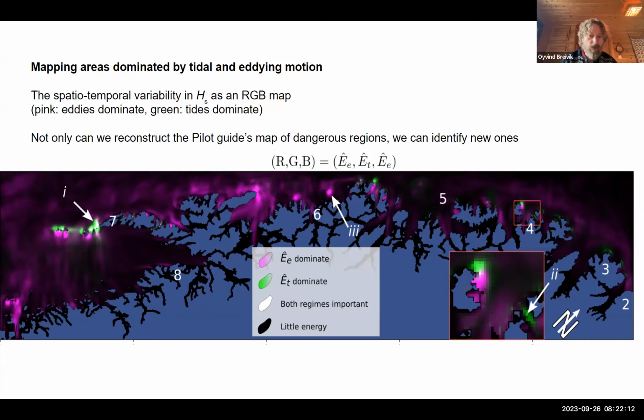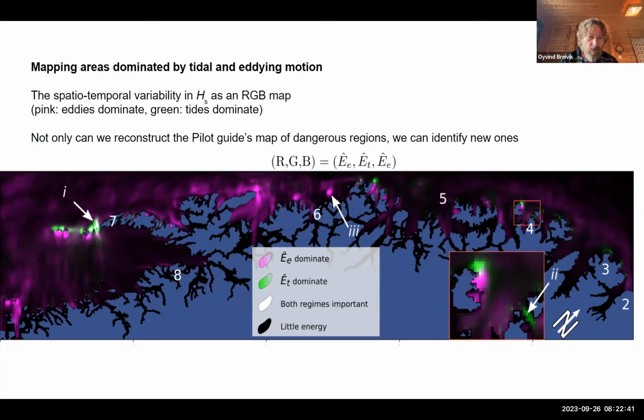And green is where you find that tides dominate. So what you're seeing here is a map showing areas where there are large differences due to wave current interaction between these two wave model twin runs, the one with and the one without current interaction. And we've identified it as either eddy induced in pink, or tidally dominated in green.